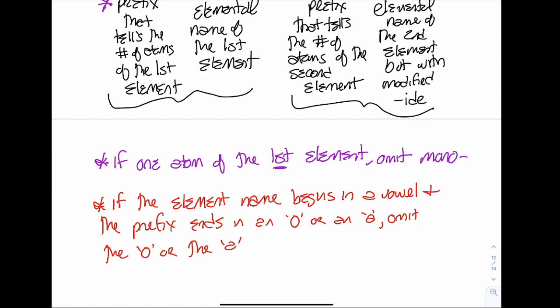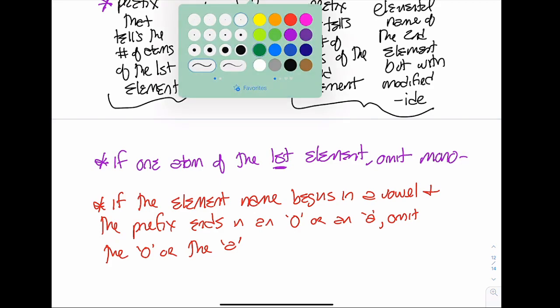So my second one, I have one oxygen. Instead of saying monooxide, I'm going to say monoxide. So actually, that's a really good example because both of our exceptions are on this one.